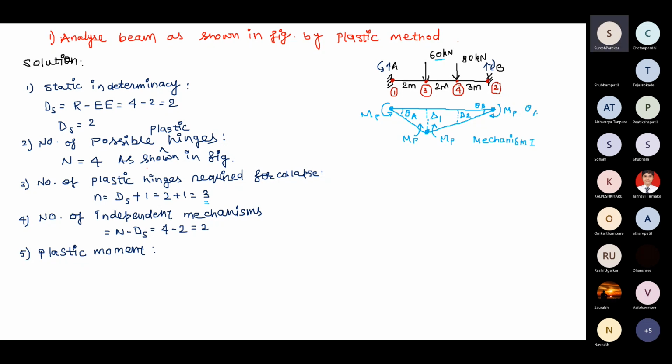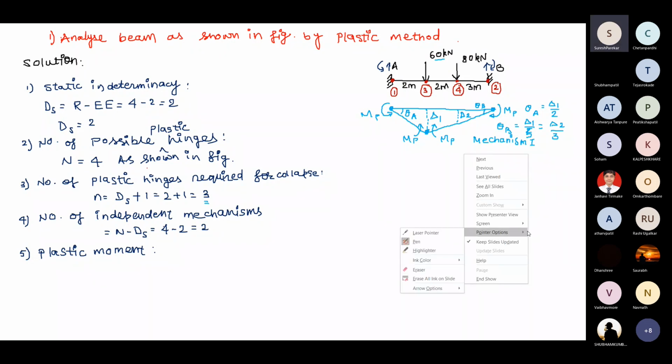So theta A equal to delta 1 by 2 and theta B equal to delta 1 by 5, which is equal to delta 2 by 3.